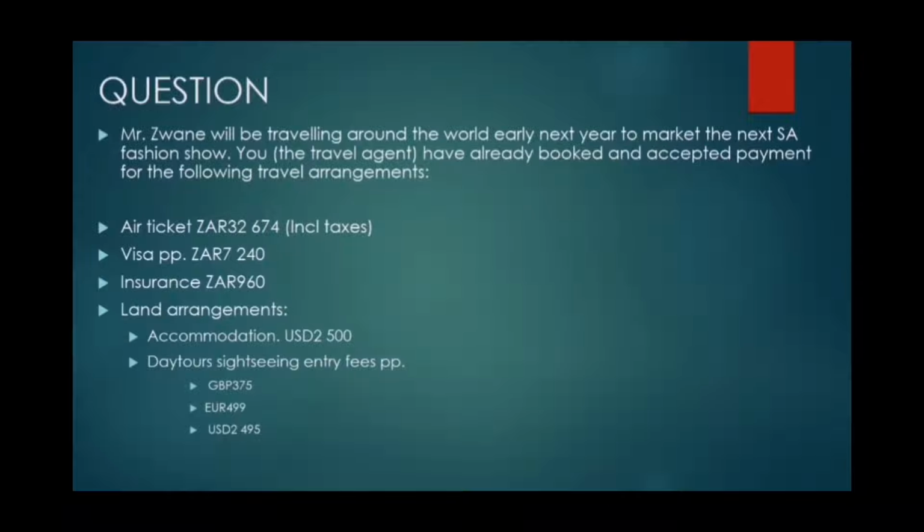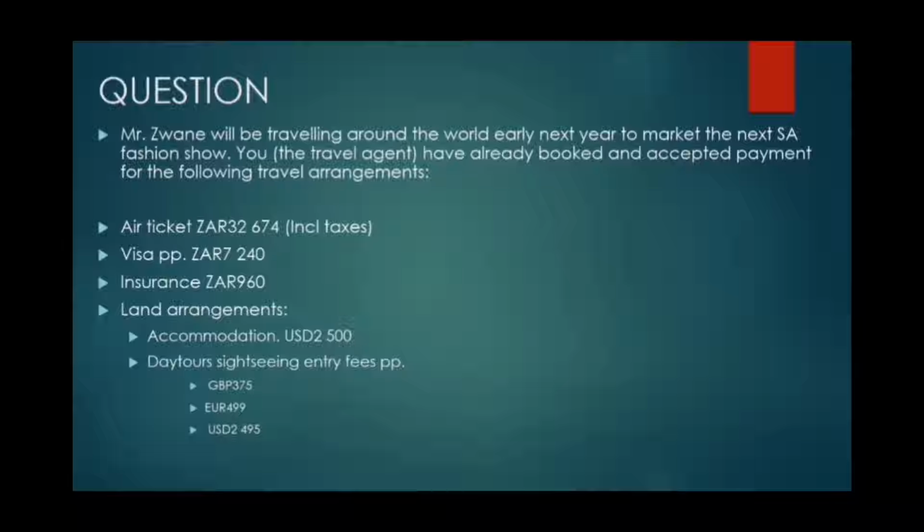Most of the questions are structured the same. You will first have to identify your travel arrangements, then check your deductible land arrangements, and then find out how much you have left of your discretionary annual allowance, and so on and so forth.